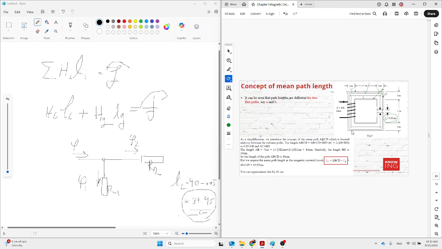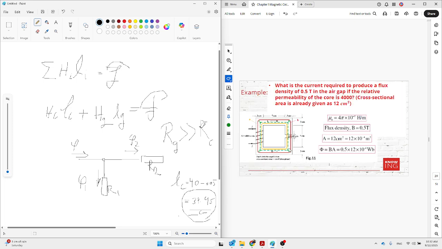Compared with the length here, which is 40 centimeter, the reluctance of the air gap is much bigger than the reluctance of the core. Later in one example, we are going to show you this.